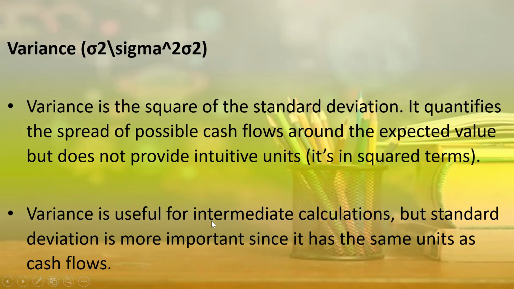So it is useful for intermediate calculation, but standard deviation is more important since it has the same units as cash flows. Meaning if cash flows are in dollars, then standard deviation is also in dollars, and so on.